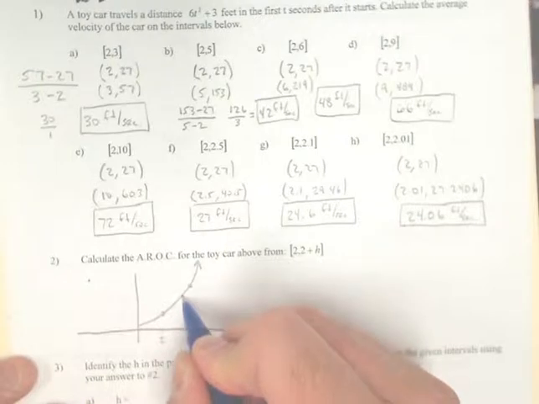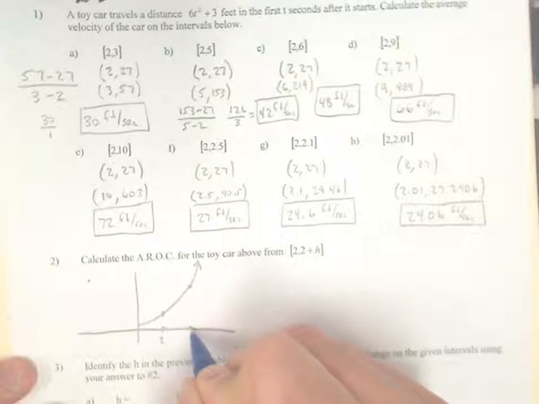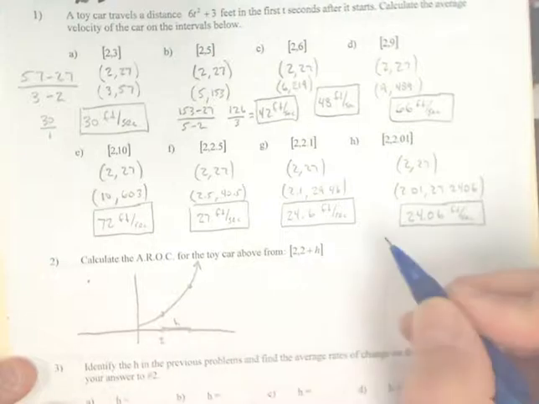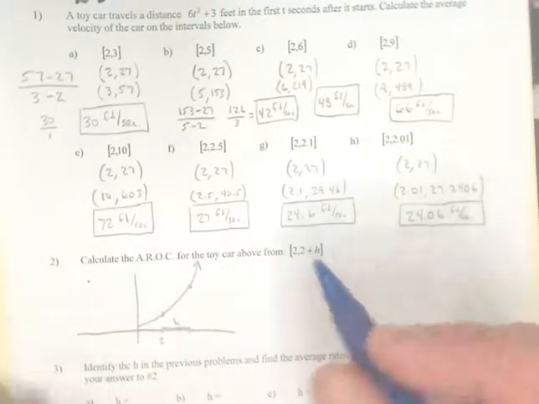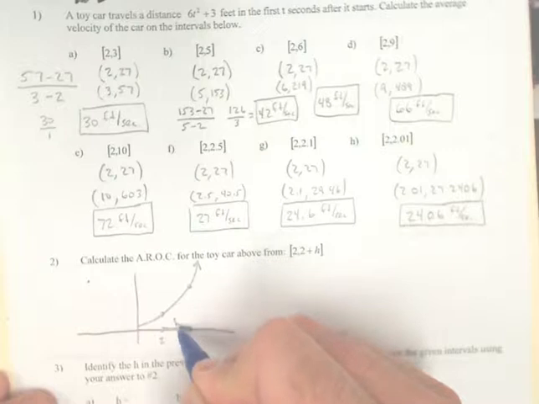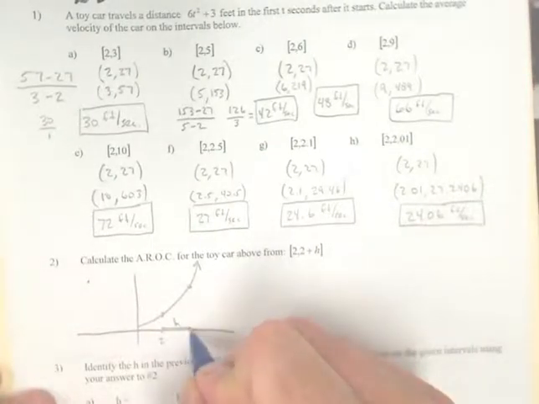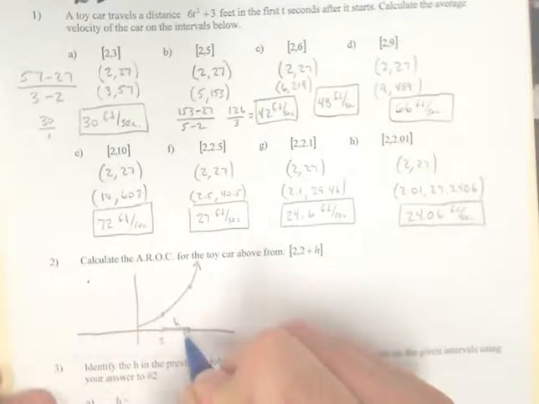The distance that we went past 2 to get to there is called h. It's arbitrary, a number we get to control, which makes this end destination have an x value of 2 plus h.